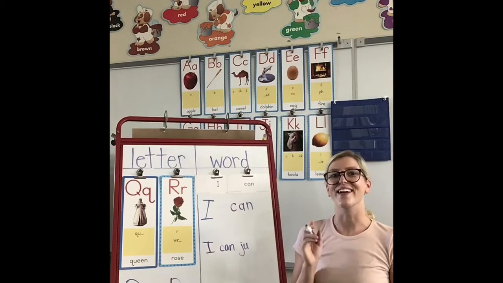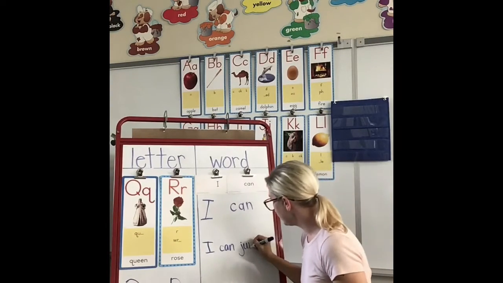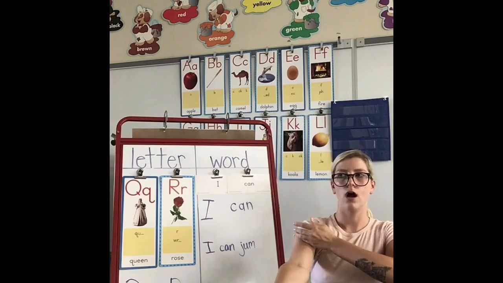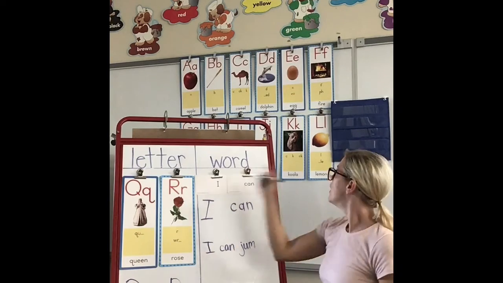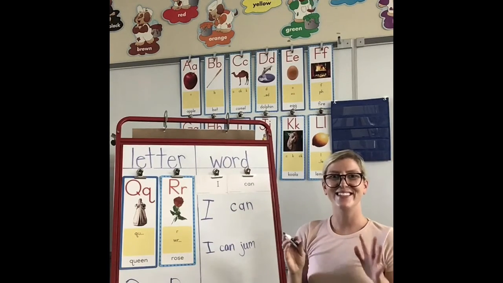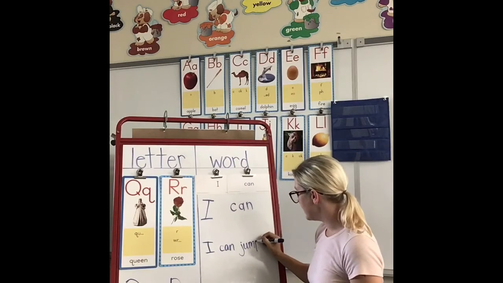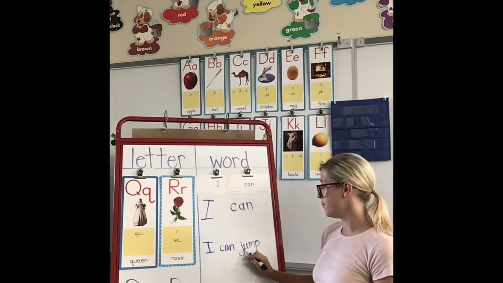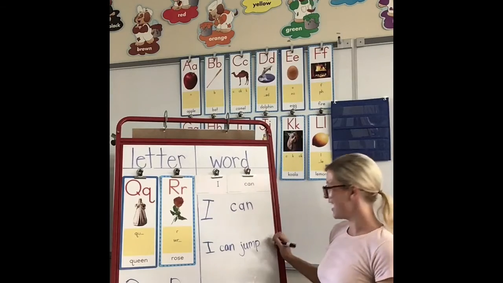I know that the letter M says m for Mabel, and for the M in jump. Last letter, P. P is from the letter P. We learned the letter P yesterday. P says p. I think I sound out all of the sounds in jump. So I wrote I can jump.